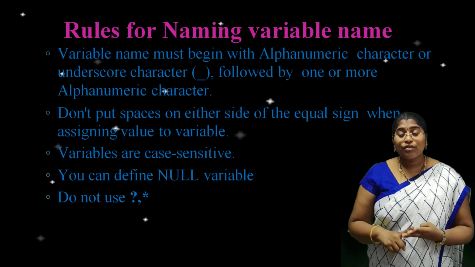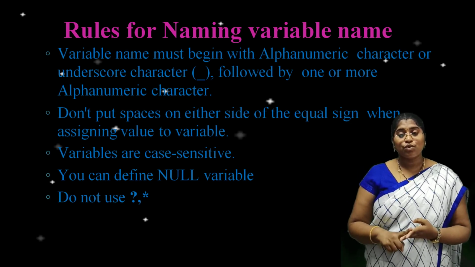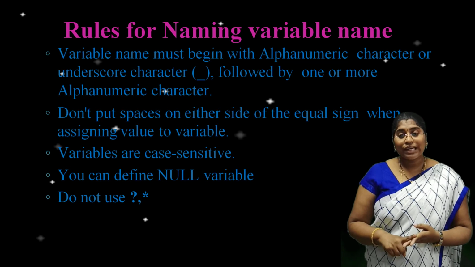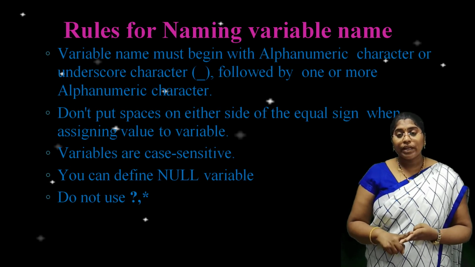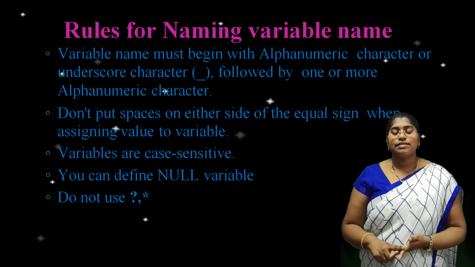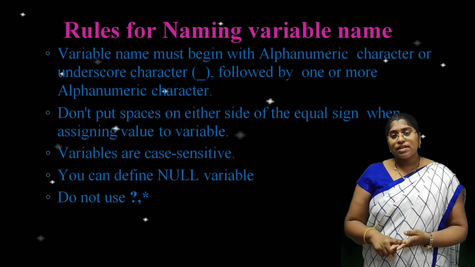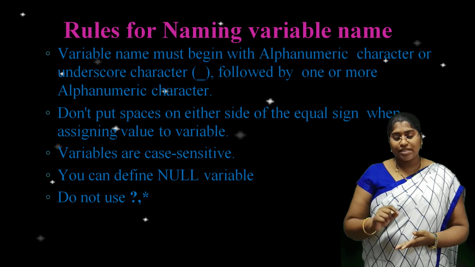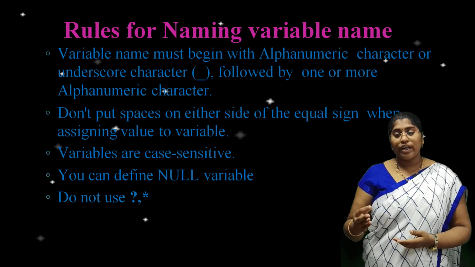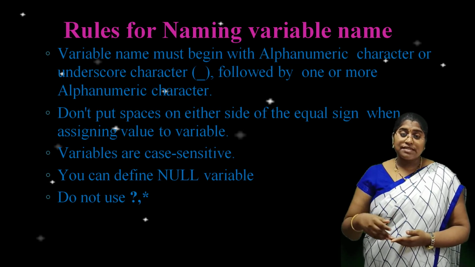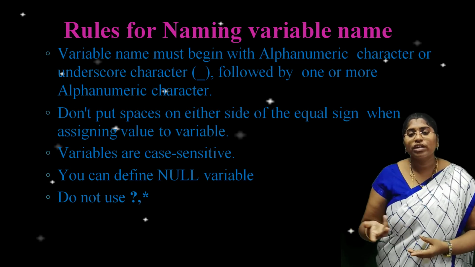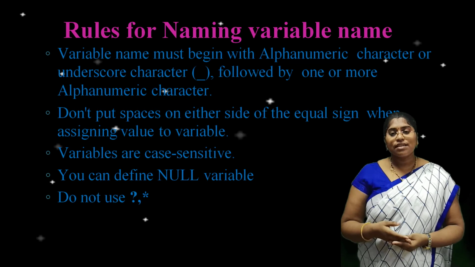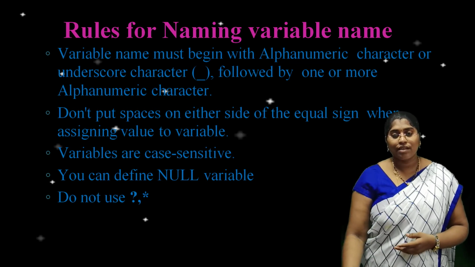After that, variable names are case sensitive, so they can be considered as different entities. Let's take an example. sum is a variable name represented with small letters. SUM is another entity represented with capital letters. These are two different entities. That's why we say variable names are case sensitive.